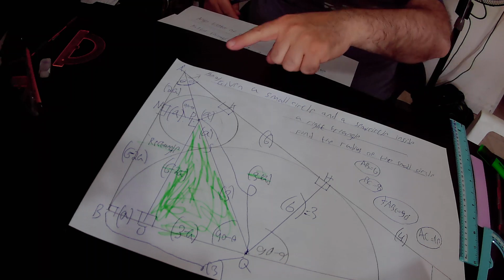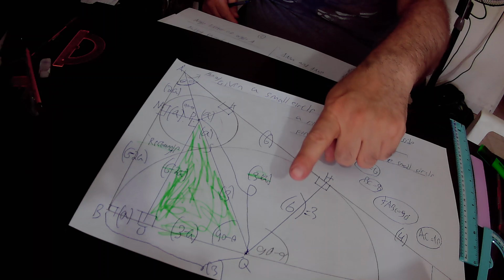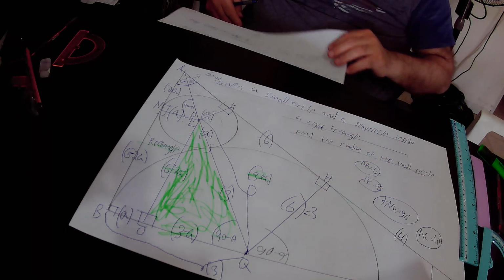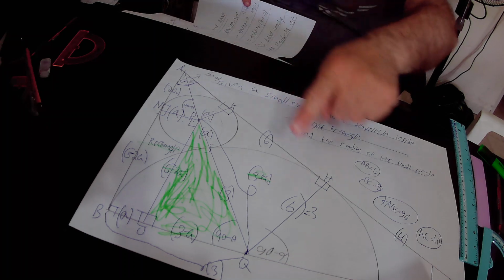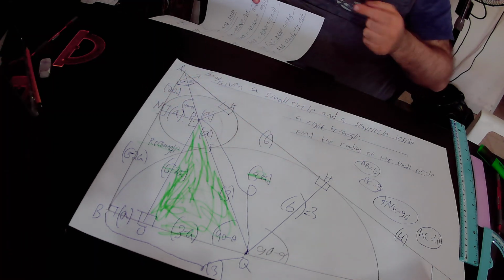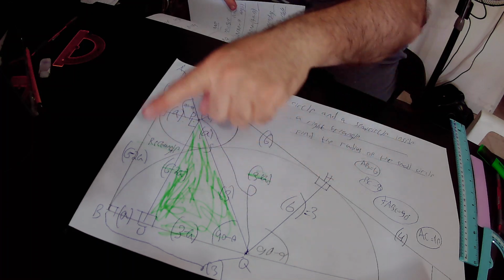If line segment APQ is one straight line, it means that AQ is also a straight line. And therefore, shape AQB is a right triangle. Why? Because AQ is a straight line, therefore AQB is a right triangle.